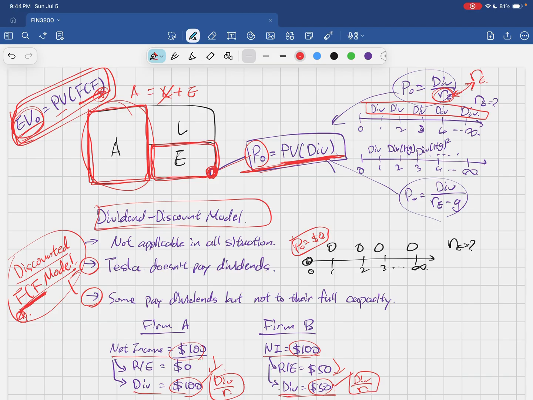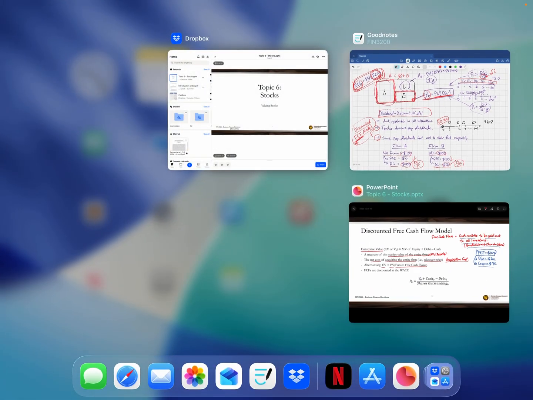And in bond pricing, we took the present value of the coupons and PV of the par value, but the discount rate that we used was RD, or yield to maturity. That captured the risk that bondholders face, or the rate of return. So when discounting the free cash flows, we've got to find the right R. What R do we use?